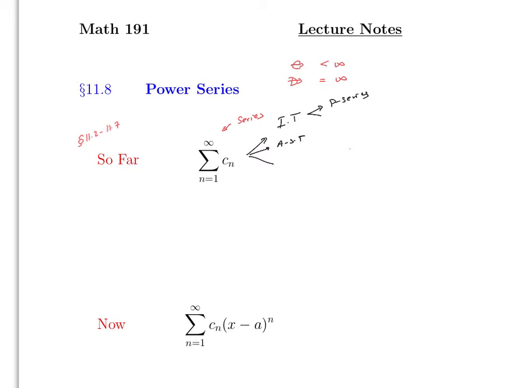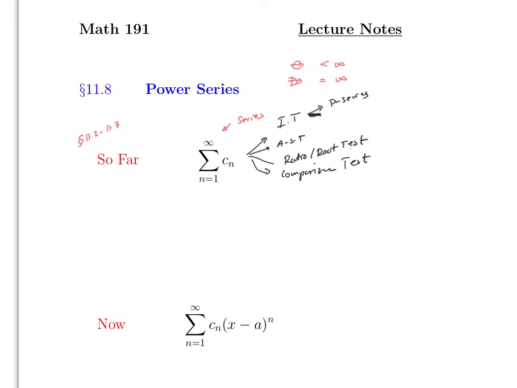We also have the ones that I say were probably the most important: the ratio and the root test. There is also the comparison test, and so forth. All of these were used to determine if a series was convergent or divergent.